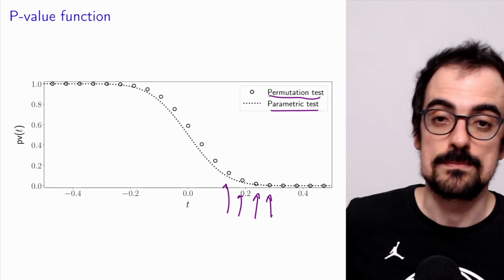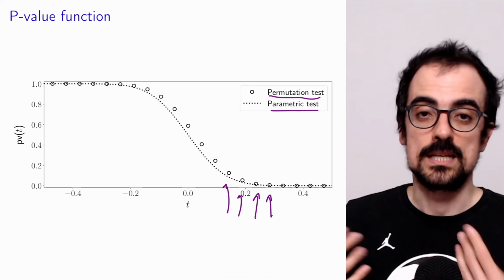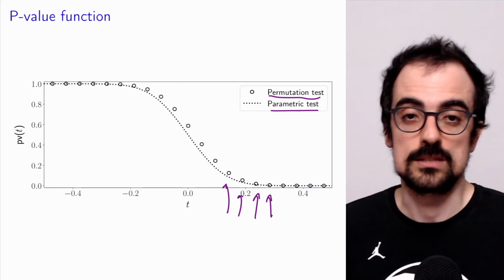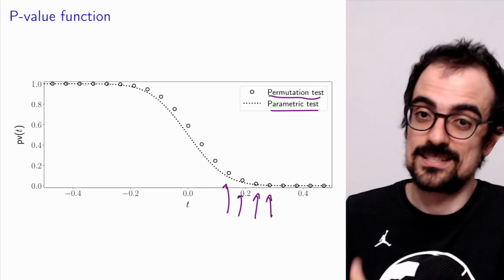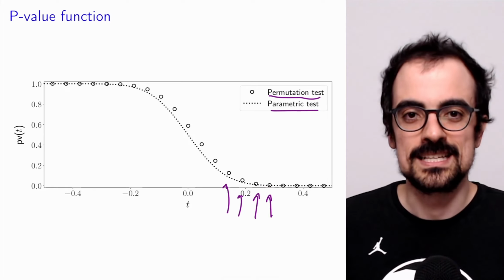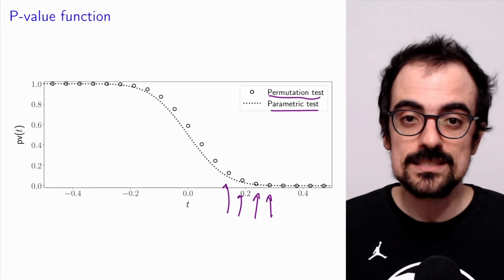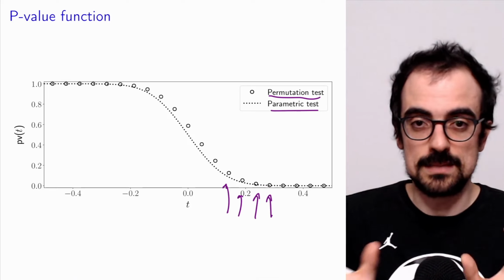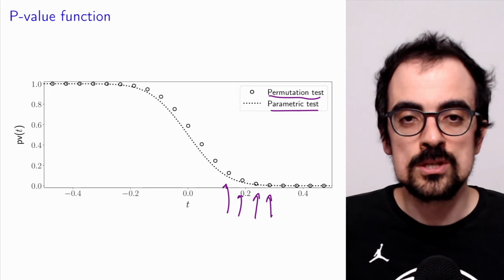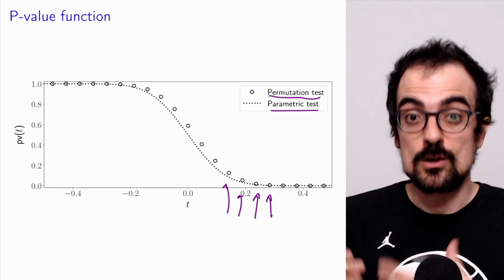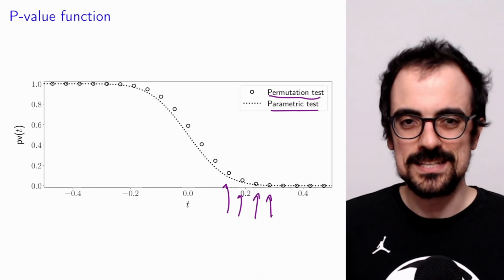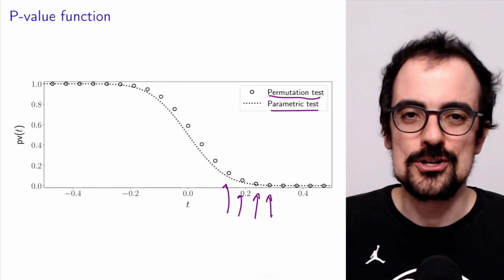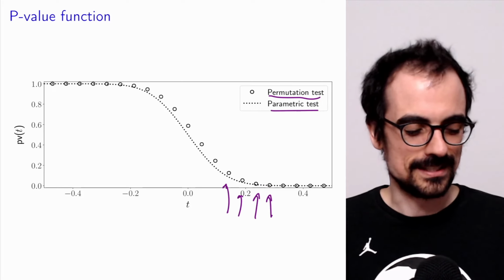Remember that for the parametric test, we apply the Gaussian approximation provided by the central limit theorem, but this might not be available for certain test statistics such as the median. And this is the power of non-parametric testing. For these specific situations where typically you're comparing two groups, we can compute p-values without having a parametric model. There are more details about this in the video on non-parametric testing and the permutation test.